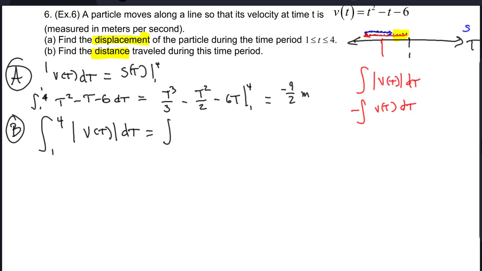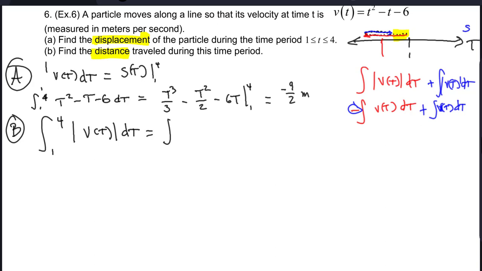Plus, I need to integrate the velocity on the blue part of the graph. But on the blue part, the velocity is positive, so the absolute value of a positive is just the integral of the velocity. That's supposed to be a v there. Because the absolute value is part negative, I have to make the negative part into a positive, and I do that by switching the sign there.